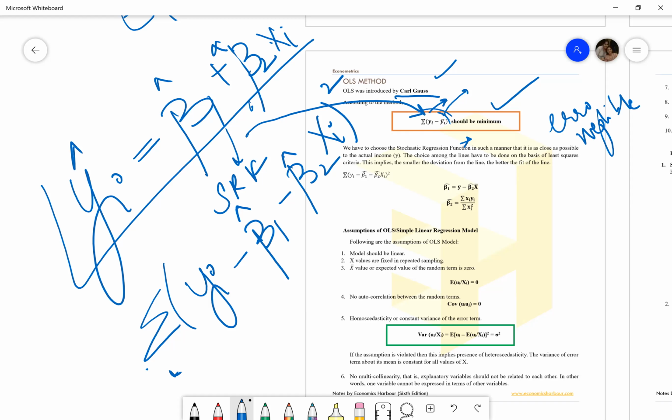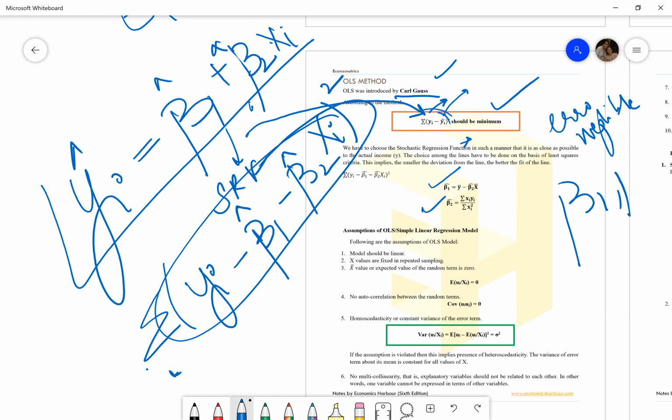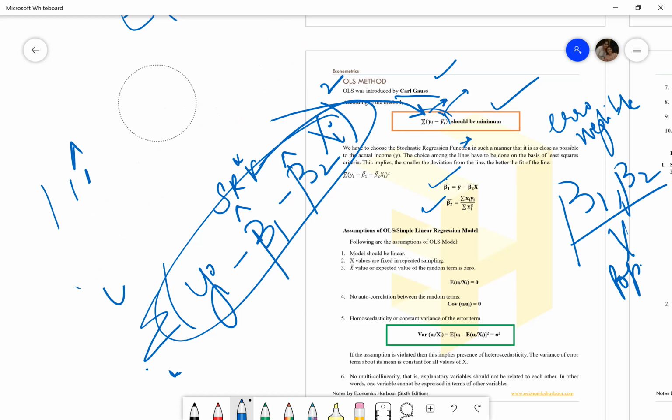So from this, we can calculate our value of beta 1 parameter and beta 2 parameter. These are sample parameters. If it would have been just beta 1 and beta 2, they would have been population parameters. But now we are using beta 1 cap and beta 2 cap, so they are sample parameters.